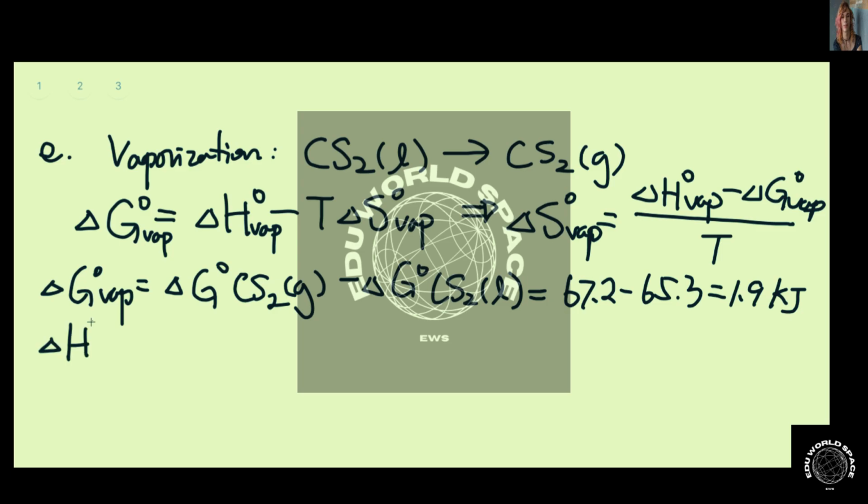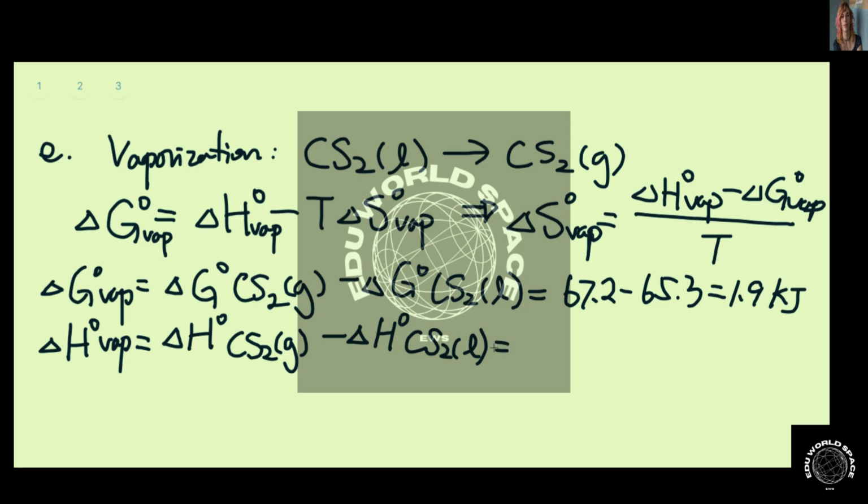For the delta H of vaporization, you will need to use delta H0 of CS2 gas minus delta H0 of CS2 liquid.